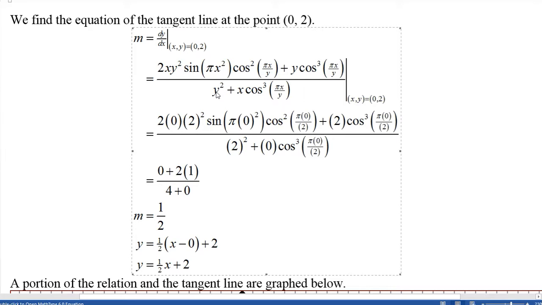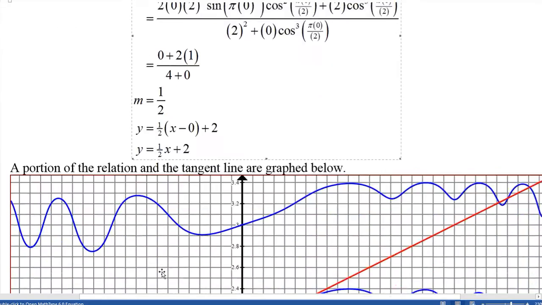This is 2 squared, which is 4. And again, this is cosine of 0 in here. Cosine of 0 is 1, 1 cubed is 1, but then this 0 here makes it 0. So the top is 2 and the bottom is 4. That reduces to a half. So it's y equals 1/2 x minus 0 plus 2. With 0 here, we might as well write it as y equals 1/2 x plus 2.